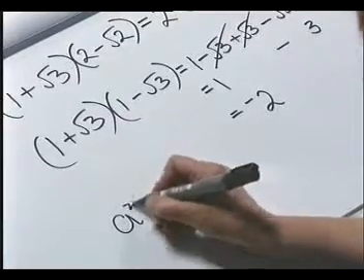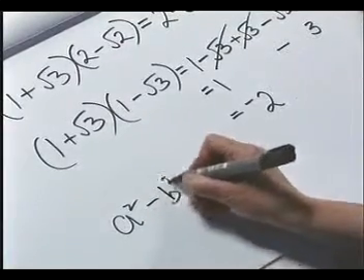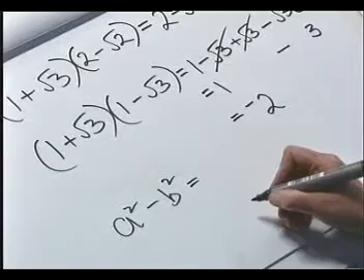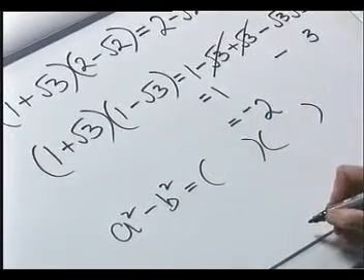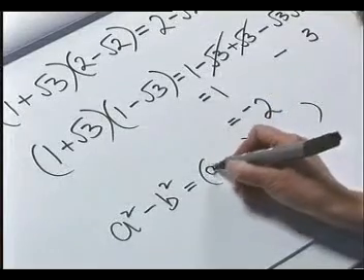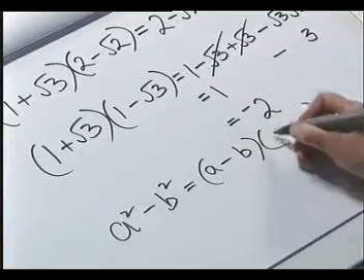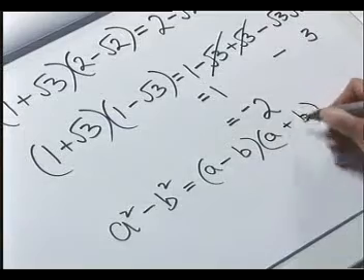This type of expansion is called the difference of two squares. The difference of two squares is written as a squared minus b squared, and it can be expanded by using two brackets into a minus b times a plus b.